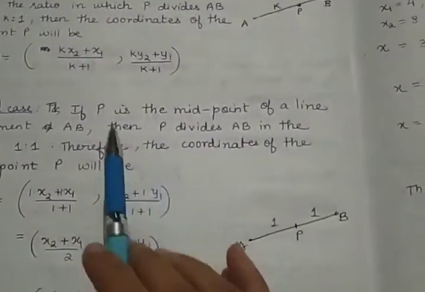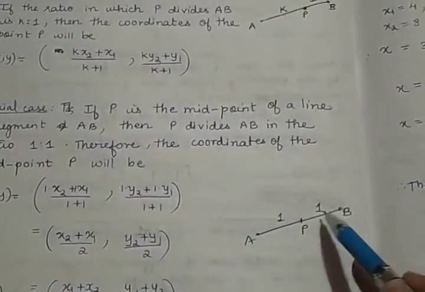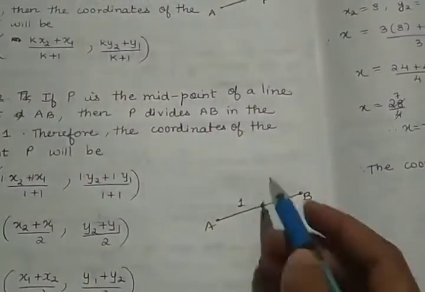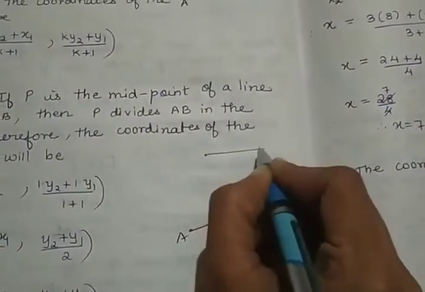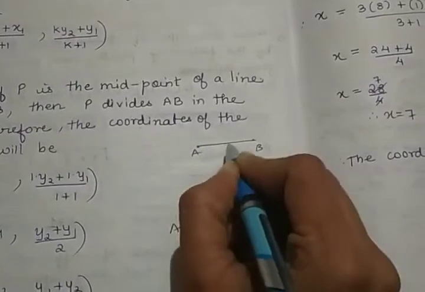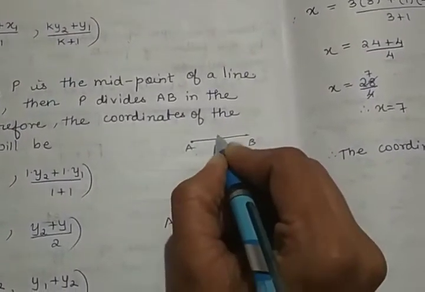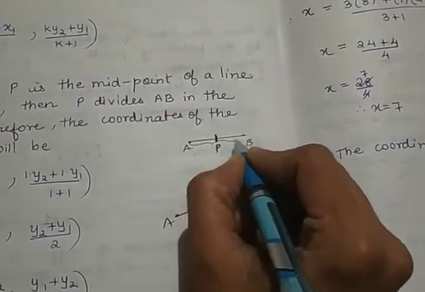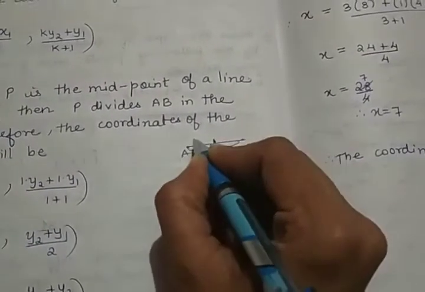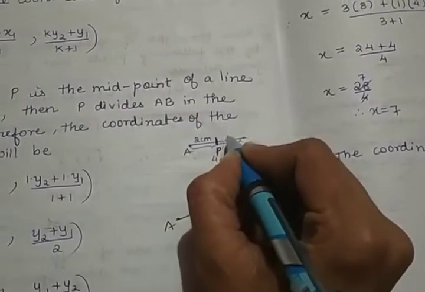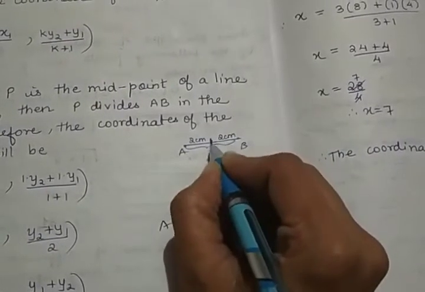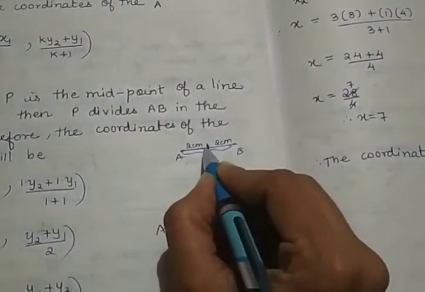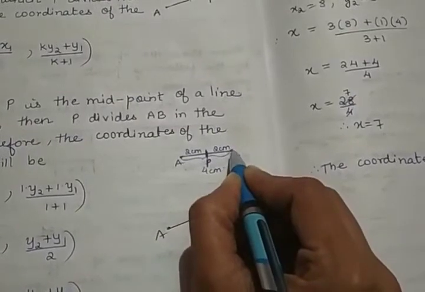Now, if P is the midpoint of the line segment AB, suppose the segment is 4 centimeters. Then each of the two segments will be equal, because P is the midpoint. So this is 2 centimeters and this is also 2 centimeters.